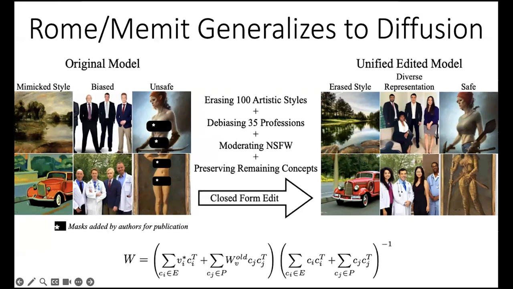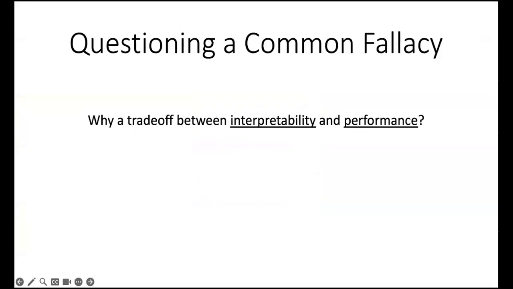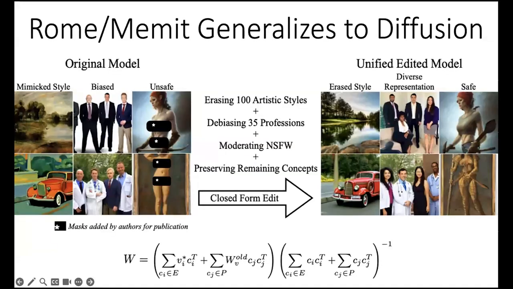By using a ROME technique, we can directly edit these associations in diffusion models, and it seems quite good. It's pretty robust. If you were editing diffusion models, I would actually recommend it here. This paper is called, oh, I didn't put the URL link, I'll put it at the end. It's called Unified Concept Editing.